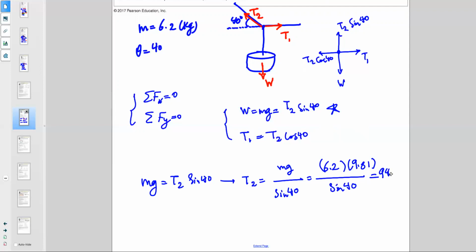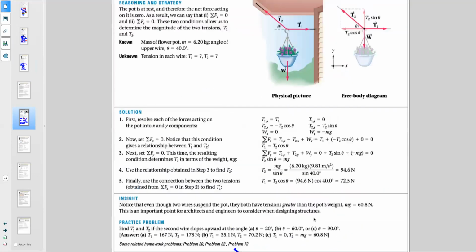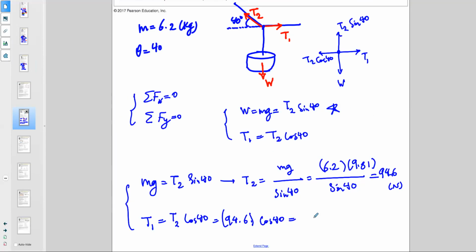If I use that T2 here, T1 equals T2 cosine of 40, which is 94.6 times cosine of 40. Then I get 72.5 newtons for T1.